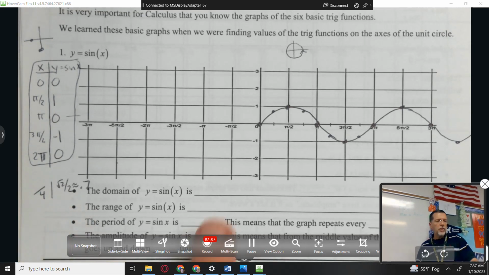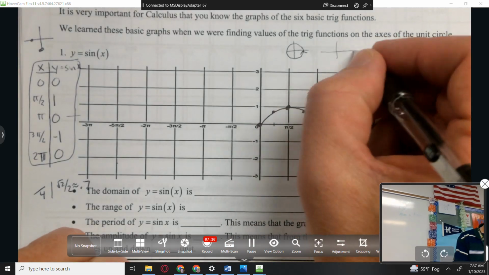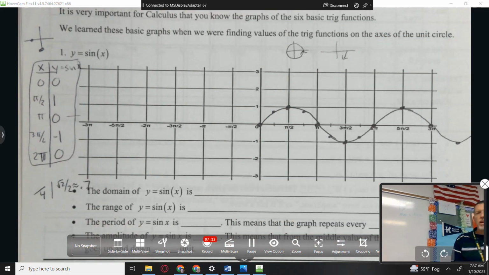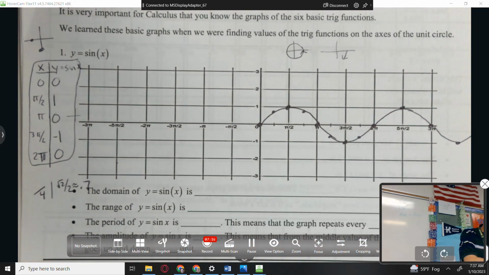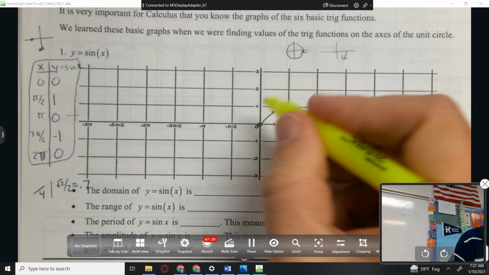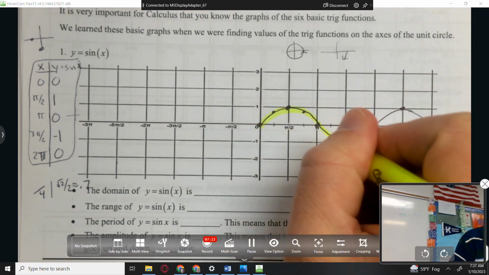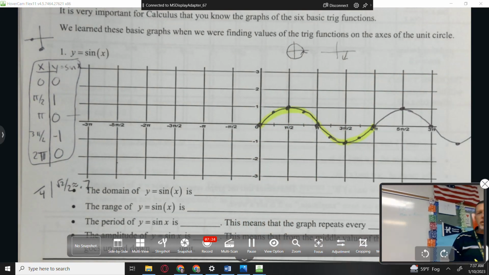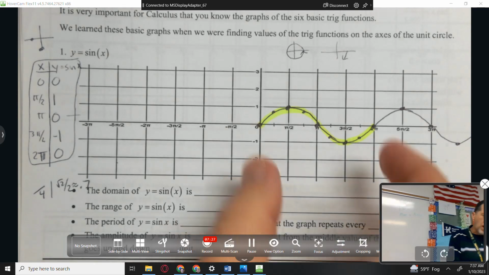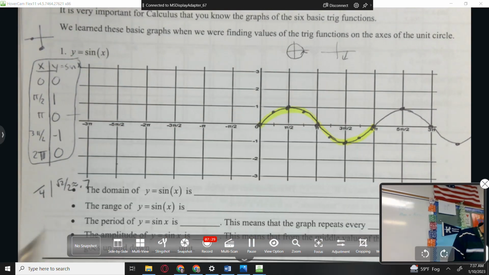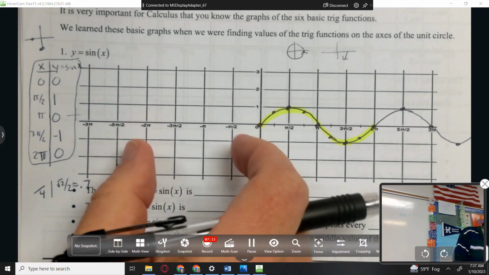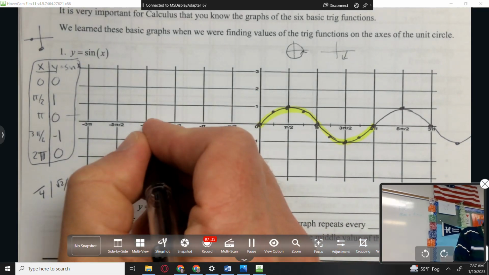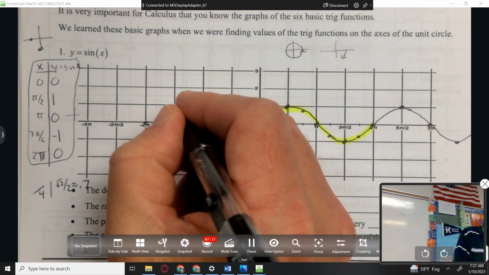What happens if we go backwards on the unit circle? It's just the same thing. So I'm going to take that first cycle, it's not really the parent function, and I'm going to copy it backwards. I'm going to copy that to the previous window. Going backwards is sometimes hard, so sometimes it's easier to just go all the way back to negative 2 pi and start from there.